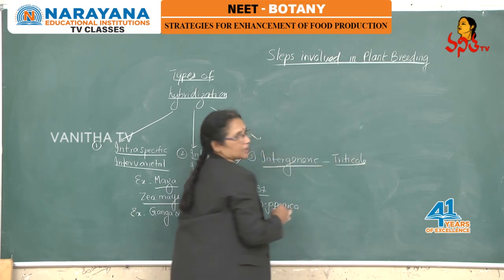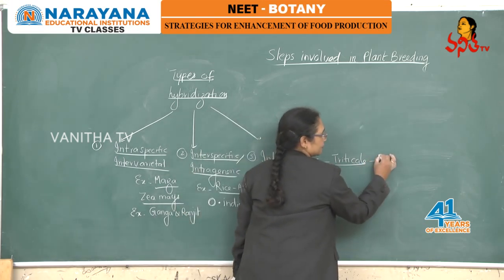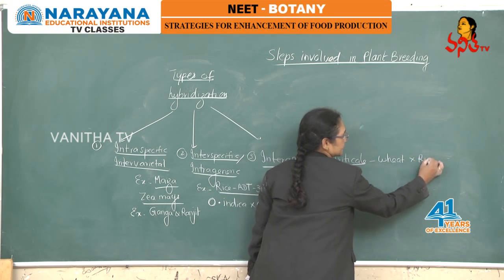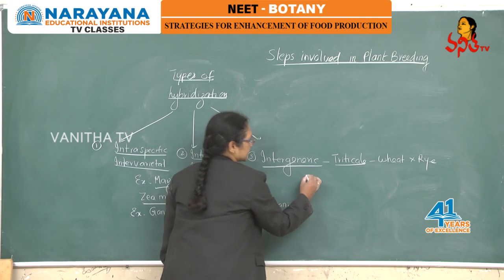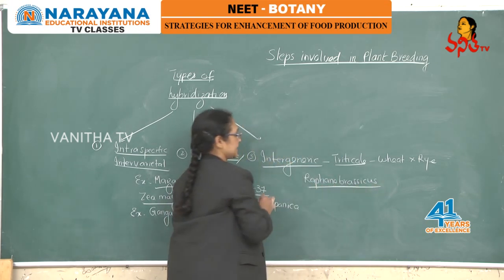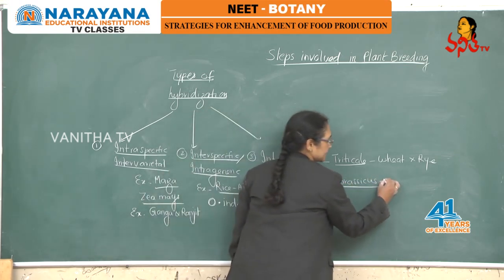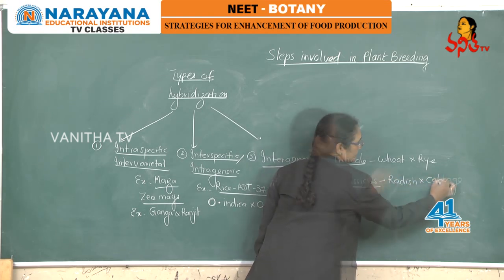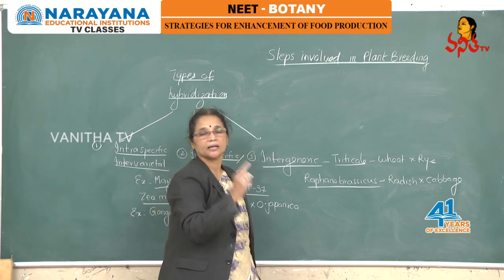Triticale is a common breed which is developed by crossing wheat and rye, two different genera. Similarly, Raphanobrassica is also an example of an intergeneric hybrid, developed by crossing radish and cabbage. So, these are the best examples of intergeneric hybrids.